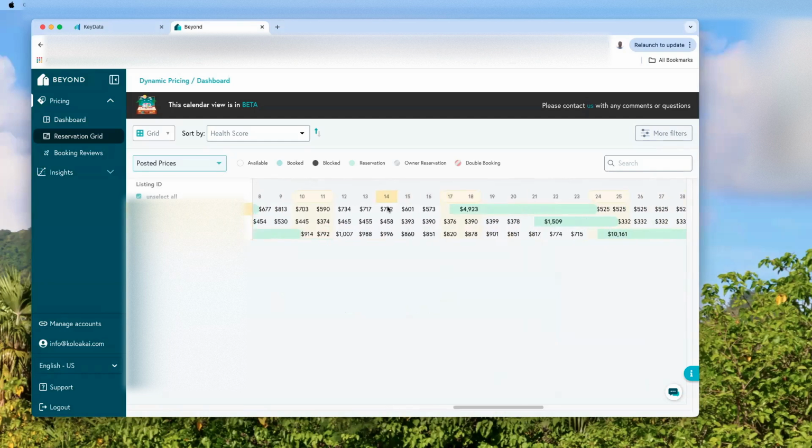So you'll see that we've got one property with ocean views and mountain views, another property with no ocean views, only mountain views, and this is an oceanfront property. They're all performing according to their own specific attribute set, and we extract as much value and as much yield as the market will bear from each of them according to whatever their attributes are.